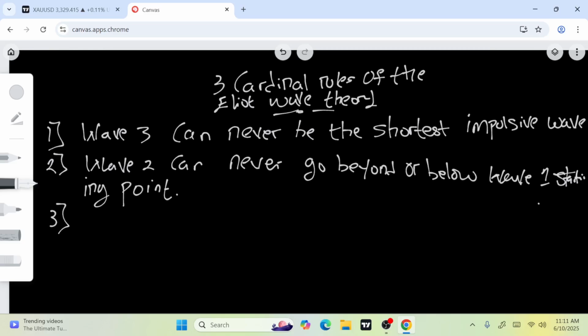So now, wave 1 starting point. Don't mind the handwriting. Now the third rule, wave 4.